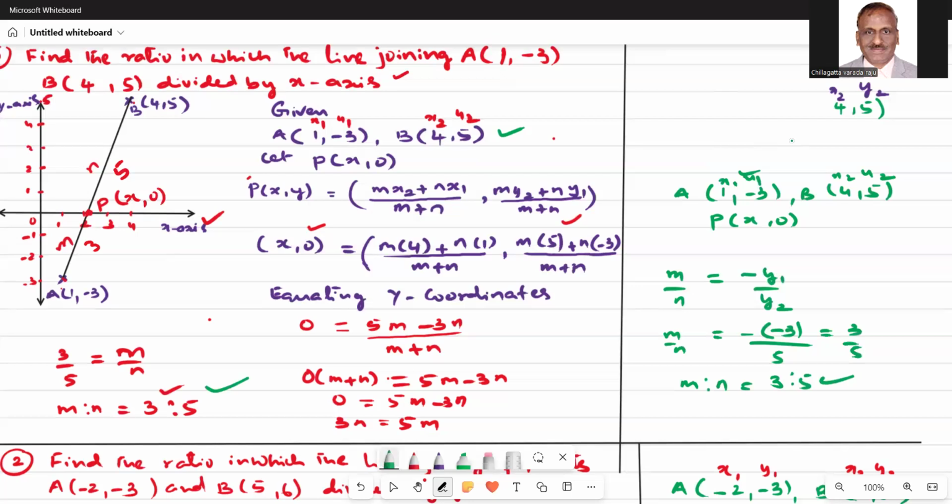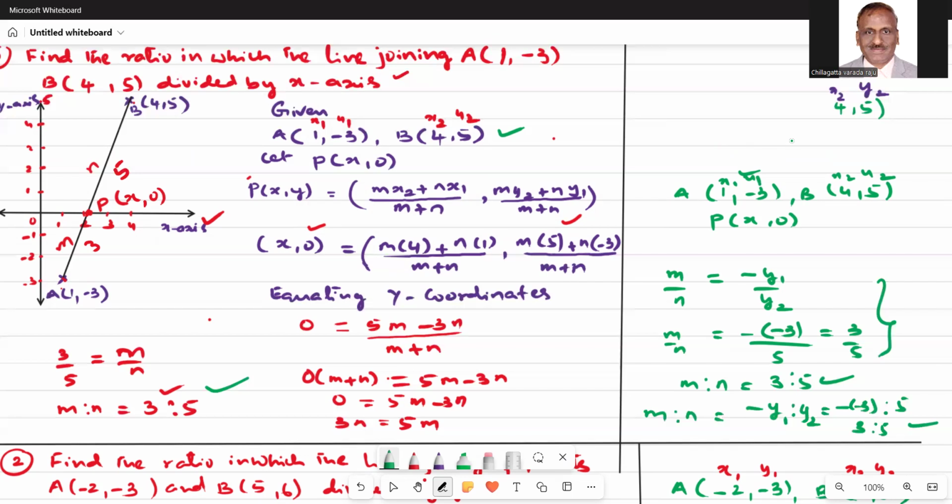That's all your answer. You got the same answer. So this is just a one word answer; even orally you can answer it. Otherwise, you can just write: m is to n is equal to minus y1 is to y2, which is equal to minus of minus 3 is to 5, which is equal to 3 is to 5. Is it not amazing? For a 1 mark question in the examination, you need not waste this much time.